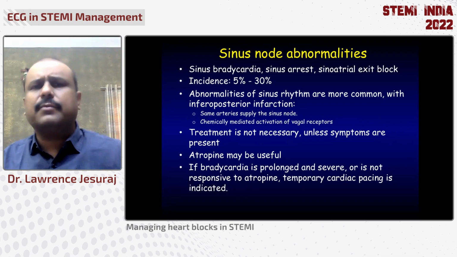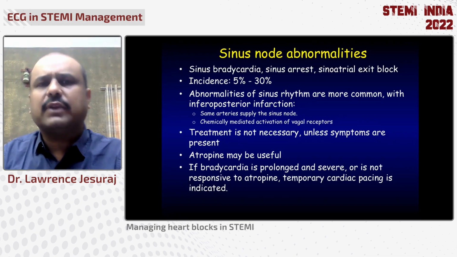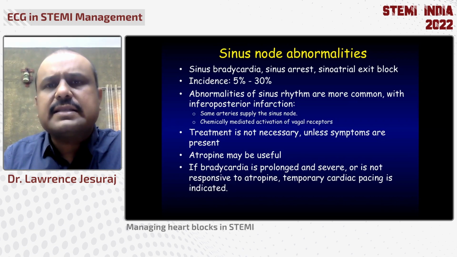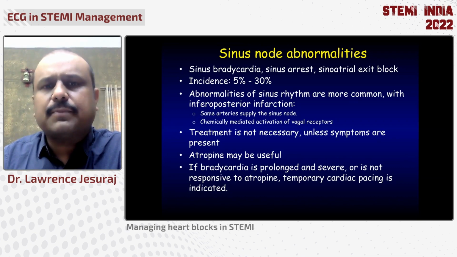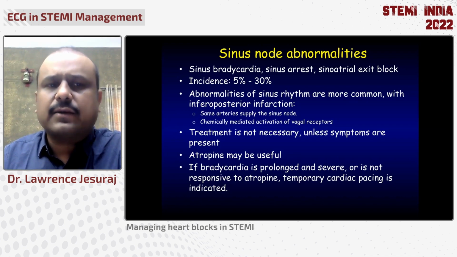If you look at sinus nodal abnormalities, patients can have sinus bradycardia, particularly patients with inferior wall myocardial infarctions, sinus arrest, and sinoatrial exit blocks. The incidence varies from 5 to 30%. Abnormalities in sinus rhythm are more common with inferoposterior wall infarcts because the same artery supplies the sinus node, and they can also be mediated by vagal activity.